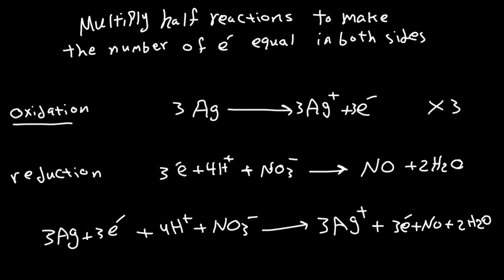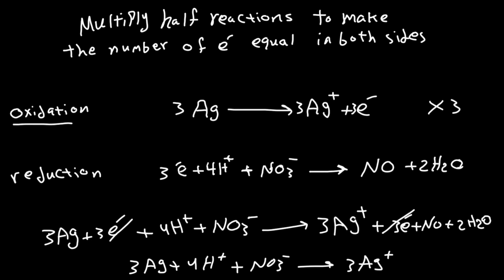Now on this side you have 3 electrons, and on the other side you have 3 electrons as well. So you don't need to add them, just remove them, and this will be the final equation: 3 Ag plus 4 H plus NO3 minus gives 3 Ag plus plus NO plus 2 H2O, and that's it.